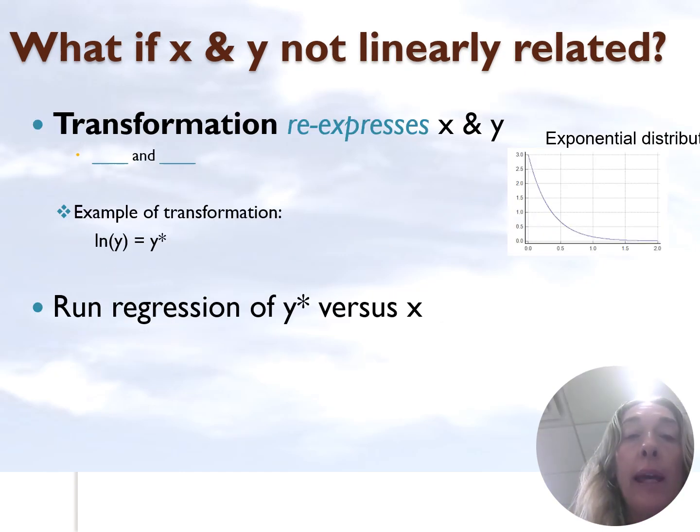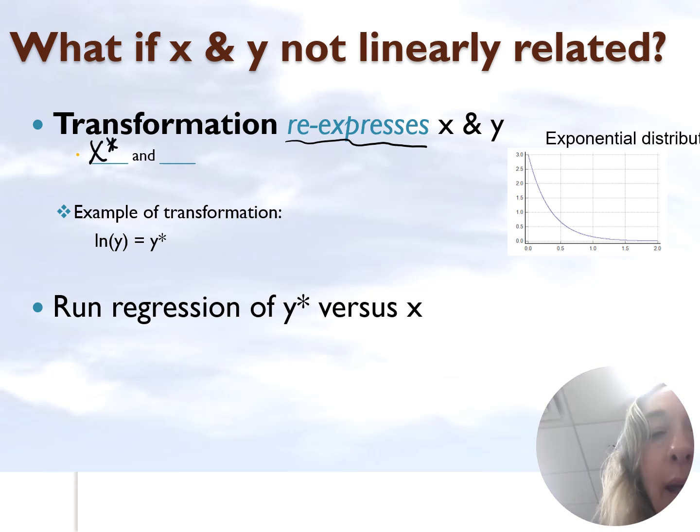So if X and Y are not linearly related, you can do a transformation, and a transformation re-expresses your X and Y variables, or your X and Y data. We call those re-expressed variables X star and Y star.